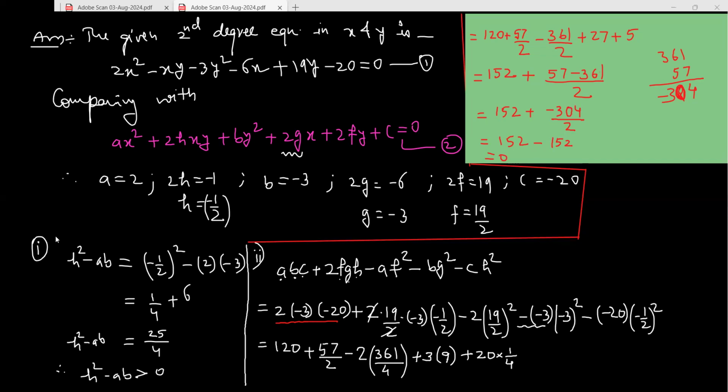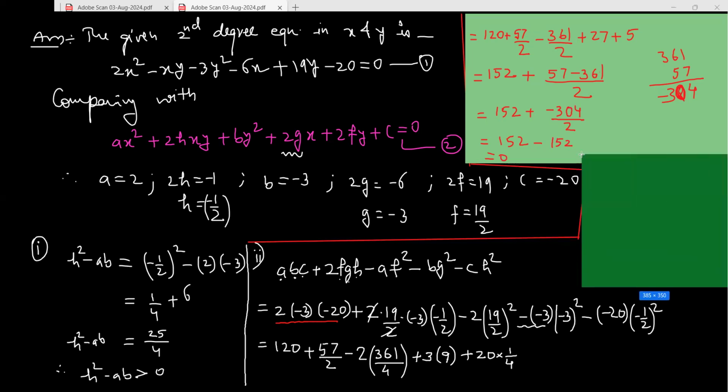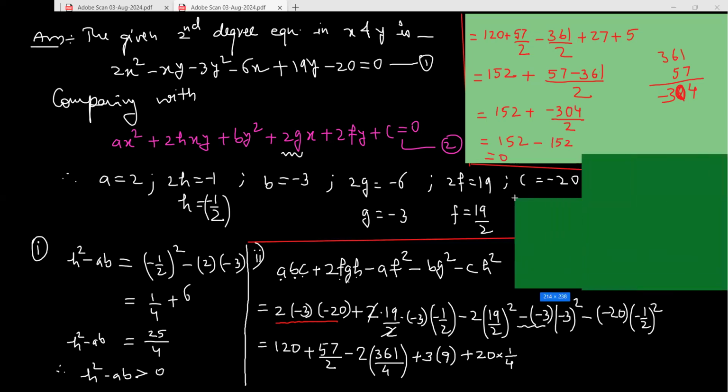Since 152 minus 152 is 0, what will you write next? After that, you will write here the next step. Therefore, ABC plus 2FGH minus AF square minus BG square minus CH square is 0. This is 1, this is 2.